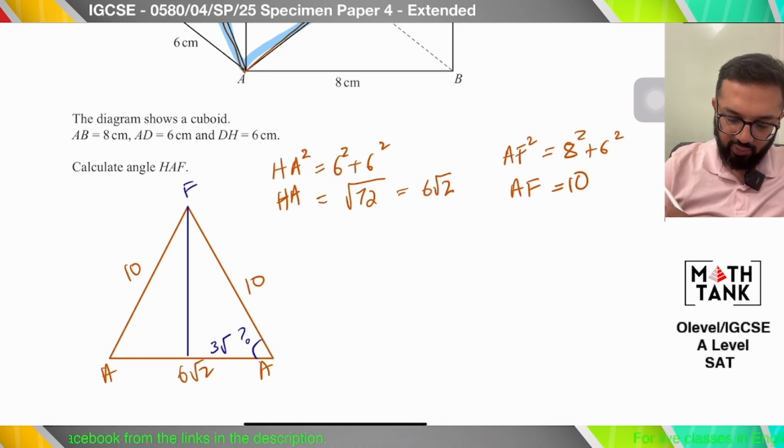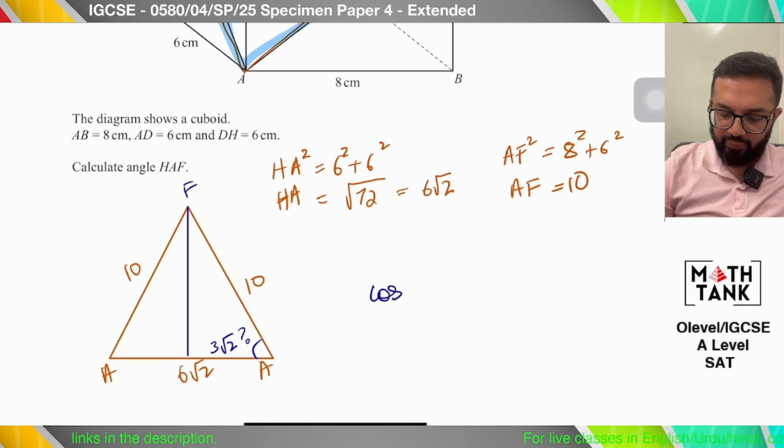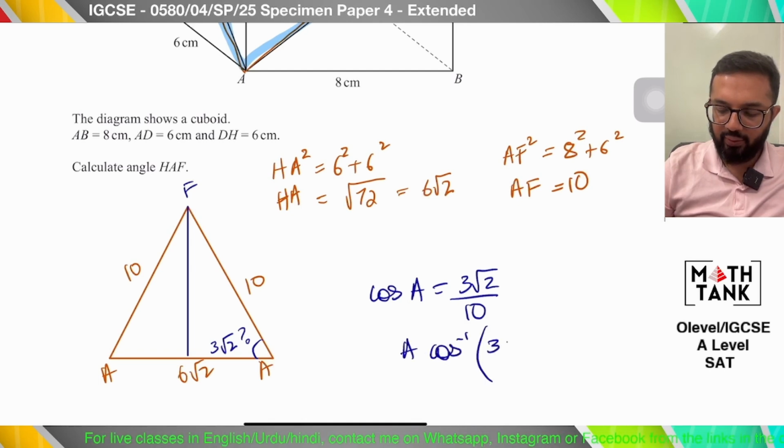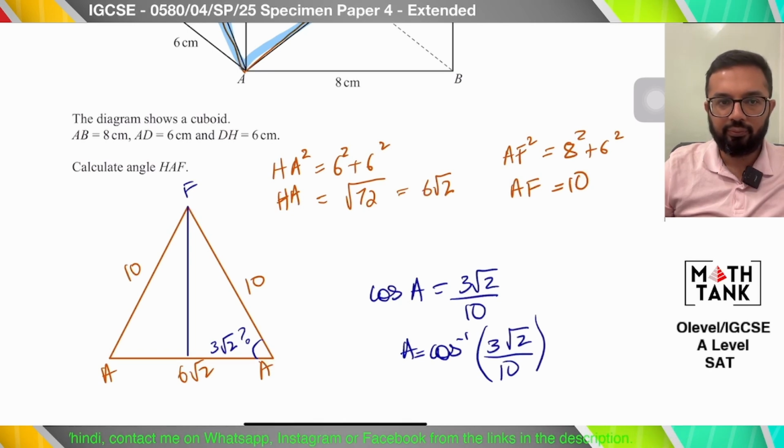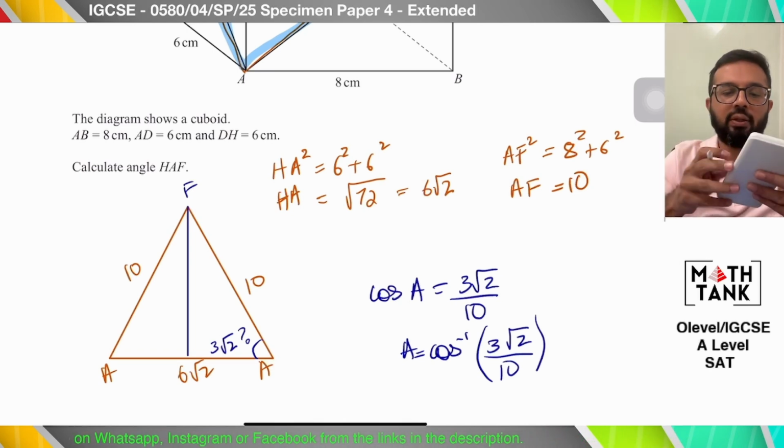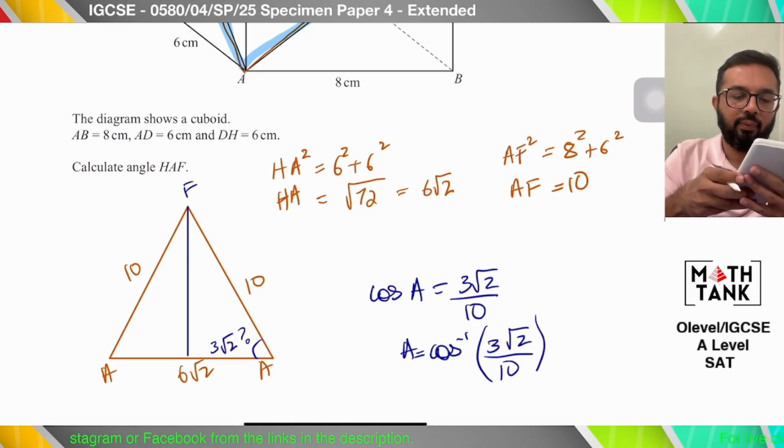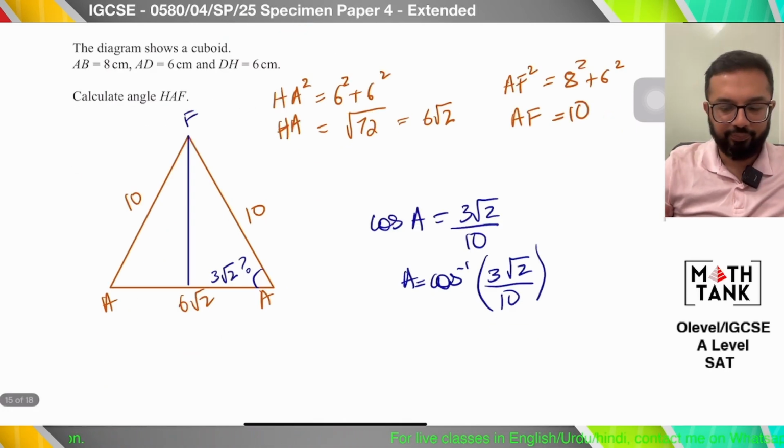So that should be 3 root 2. I can simply use cos A equals 3 root 2 over 10. A is therefore cos inverse of 3 root 2 over 10. Let's see if we get the correct answer. 64.9.